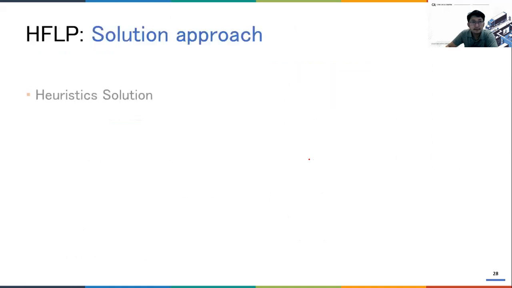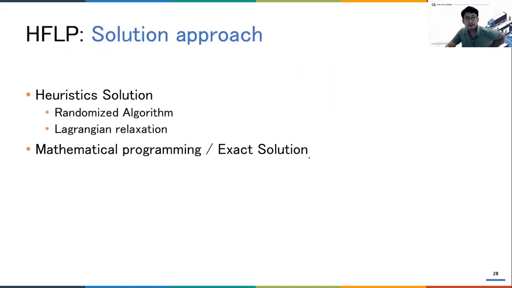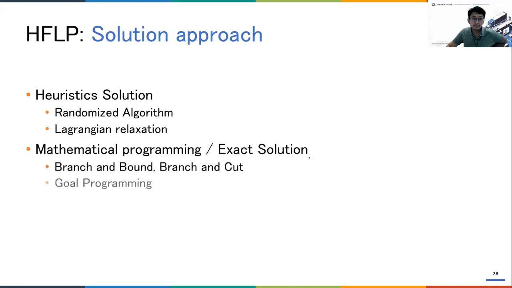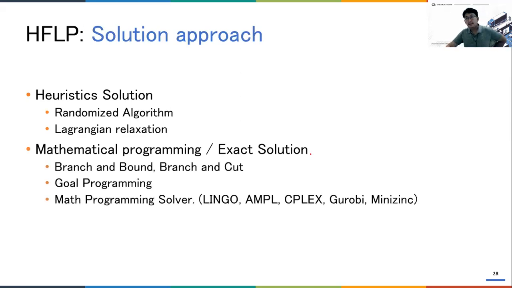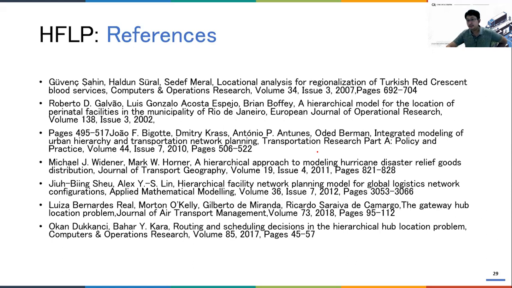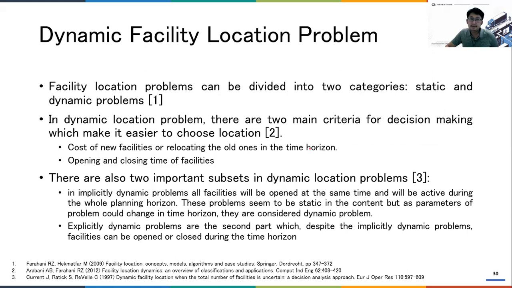Those are the hierarchical facility location problems, and here is the reference about it. Okay, the last one, dynamic facility location. I'm not going to go into the mathematical models because we already discussed a lot of models earlier. For your particular problem, the way we can utilize this information is like this.